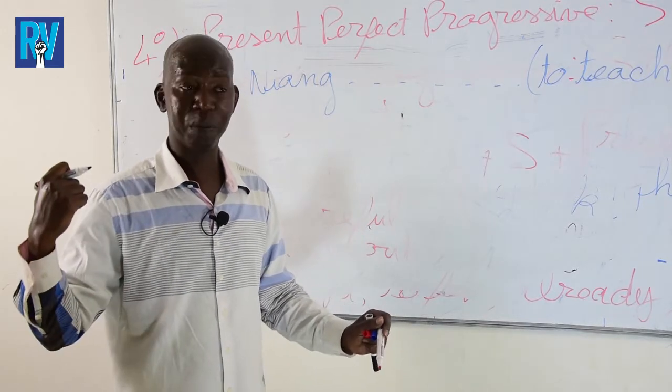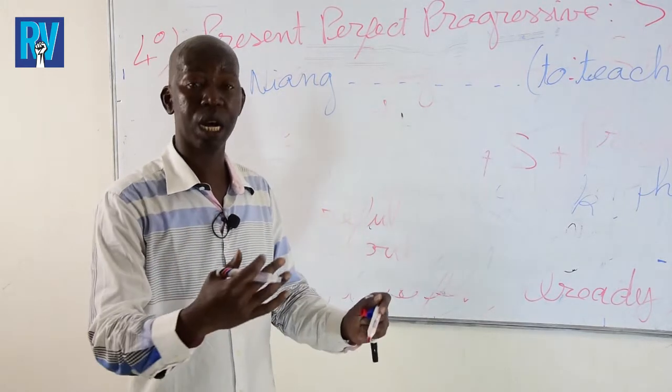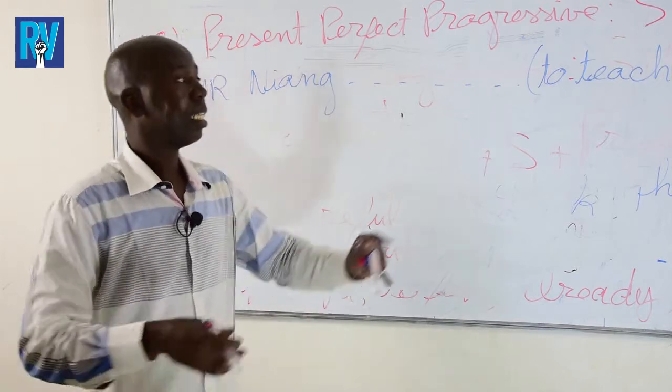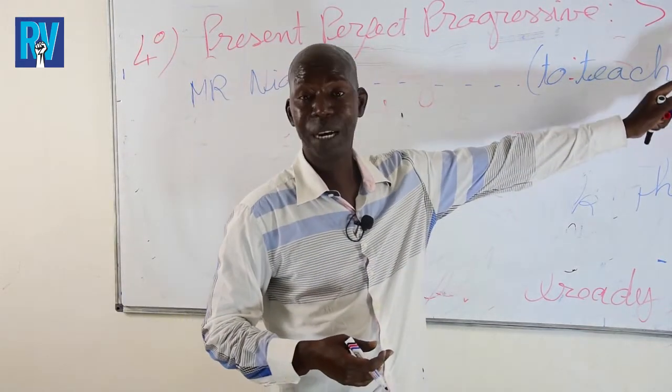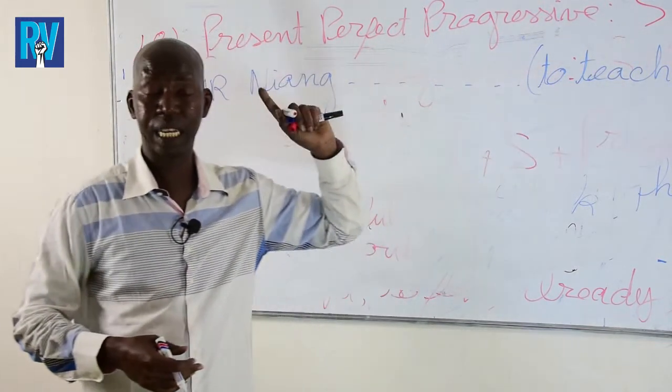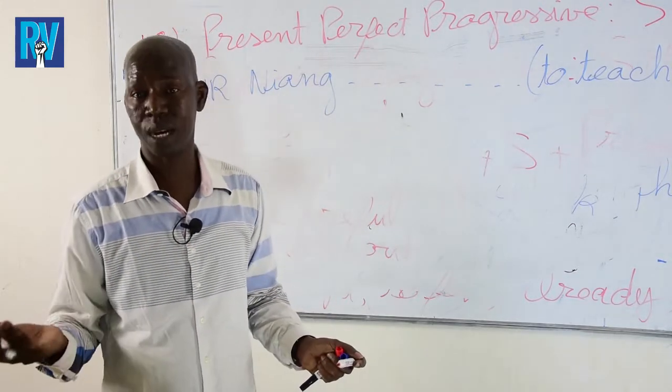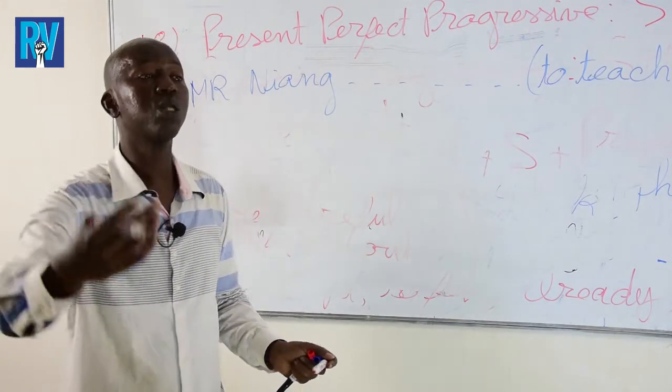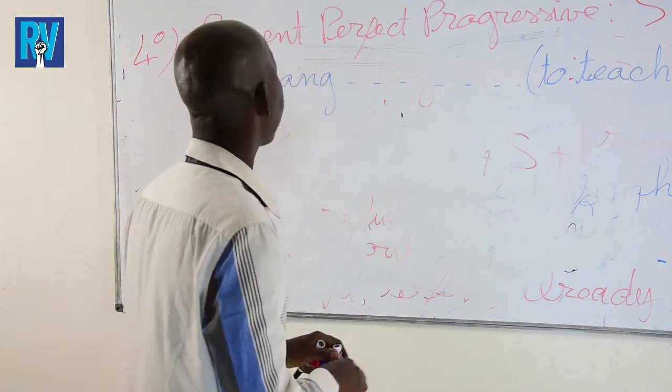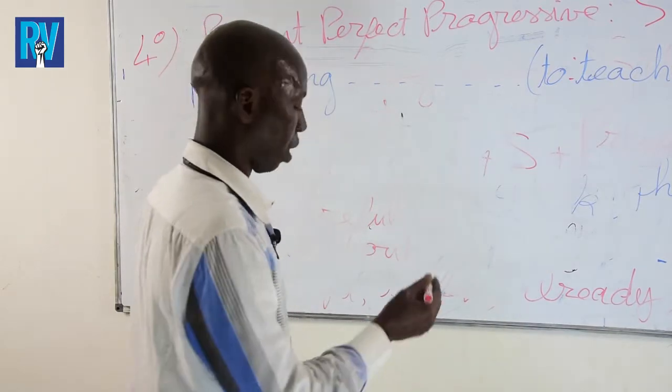Donc l'action a commencé dans le passé, mais elle n'est pas encore terminée parce que M. Young, au moment où on fait la phrase, il a commencé à enseigner dans le passé, et il n'est pas encore en retraite. Donc l'action a commencé dans le passé et continue toujours au présent. Donc en ce moment, on utilise le present perfect progressive.